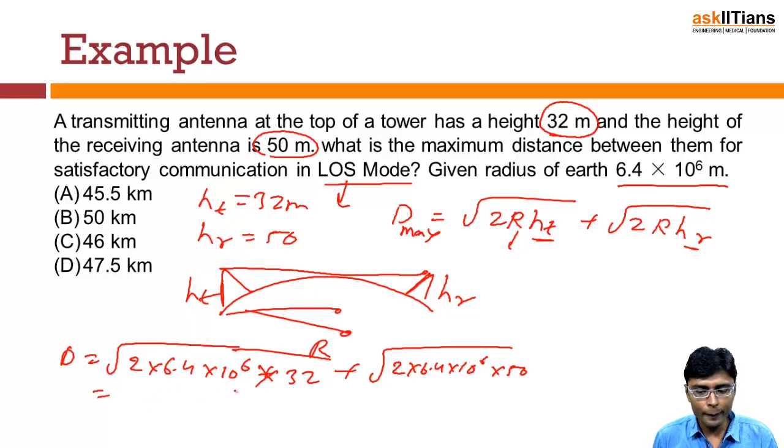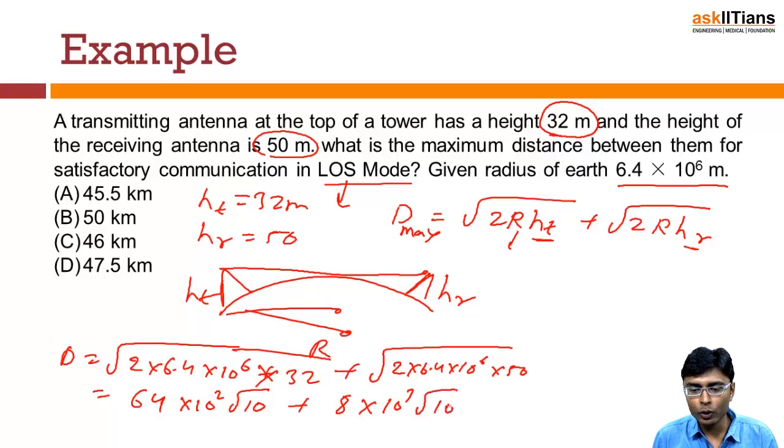the 64 can come out as 8, and with that there will be 10 square, and root 10 will remain inside. In the other term, we can take 8 out common, and it will be 10 cube outside, and inside it will again be root 10.